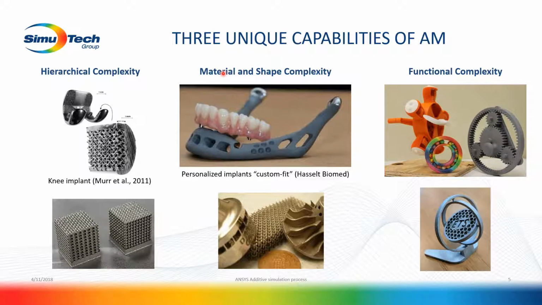So we're talking about polymer, ceramic, metals, and in the families of metal, we can print almost any metallic material. Shape complexity: we have the possibility to print a personalized implant that would meet the specific needs of a patient. So this is a custom fit.